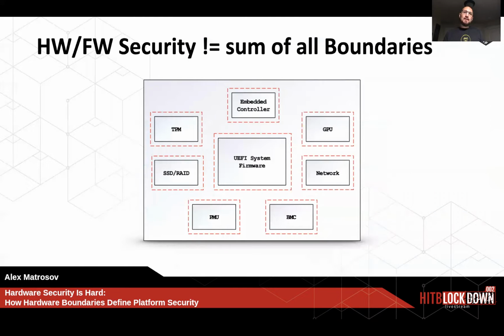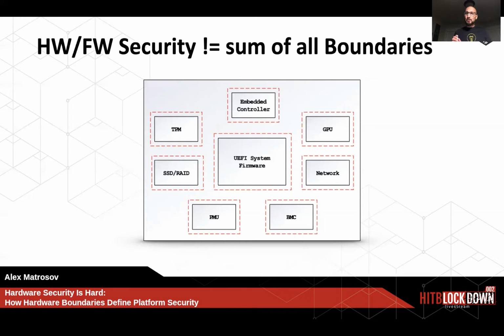As an example, hardware and firmware security is not the same as a summary of all the boundaries across the board. As I mentioned before, we really try to separate security boundaries for each device on the system board, which is a huge mistake, because we make a threat model focused on the TPM, PMU, baseboard management controller, embedded controller or GPU, and that really separates different devices.